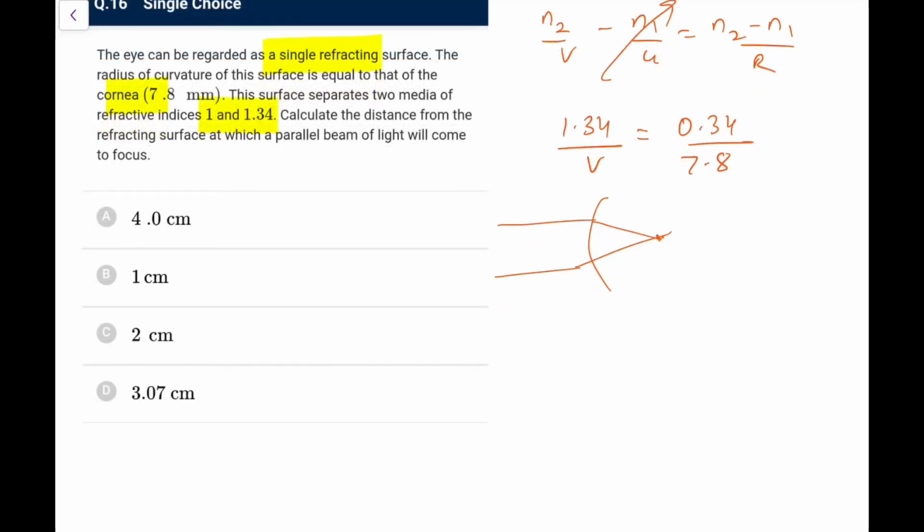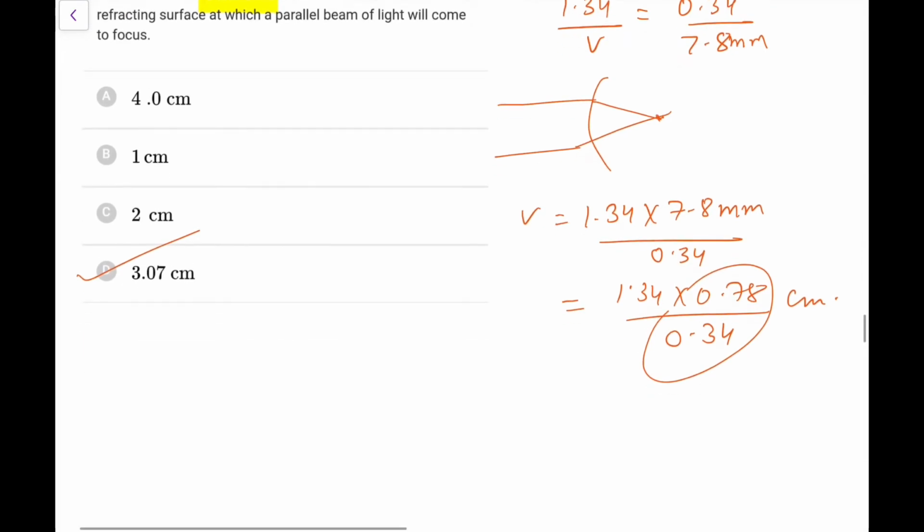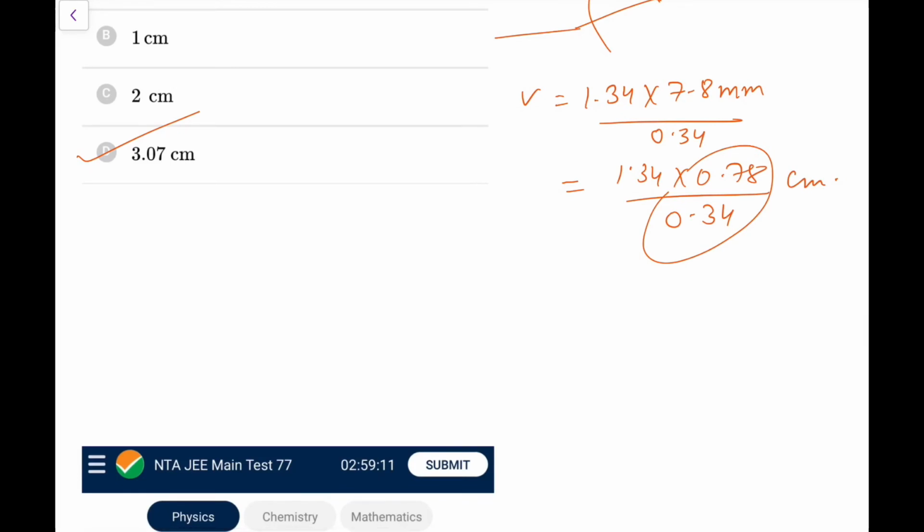Also remember, this is millimeter, so be careful about it. So v comes out as 1.34 into 7.8 millimeters upon 0.34. So if I convert it into centimeter, it would be 1.34 into 0.78 upon 0.34 centimeters. So it's approximately 2 point something, and 1.3 into 2 point something, it would be definitely greater than 2.7, 2.8. So as per the option, it cannot be 4, it would be 3.07. Complete the calculations, you will get it.